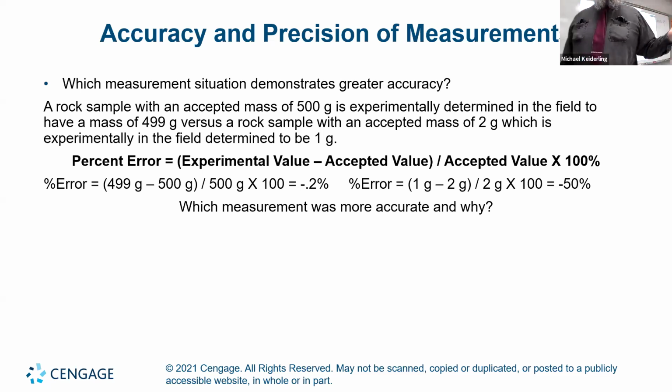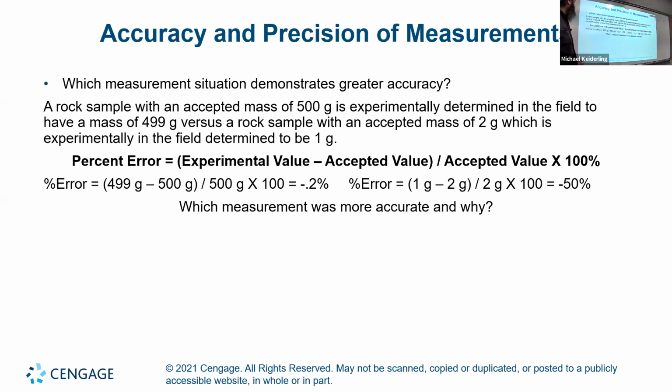So which of these do you think is the more accurate measurement? The 499 one, yes. Because they have the same size of error in number of grams. They're both off by 1 gram. But 1 gram is a much smaller portion of 500 grams than it is of 2 grams.